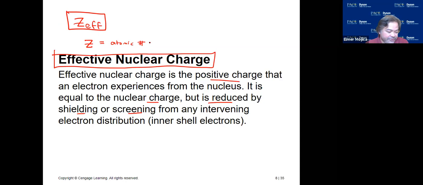And Zeff is just equal to Z minus this, and this is your shielding constant. Now you may ask, what does this shielding constant mean?